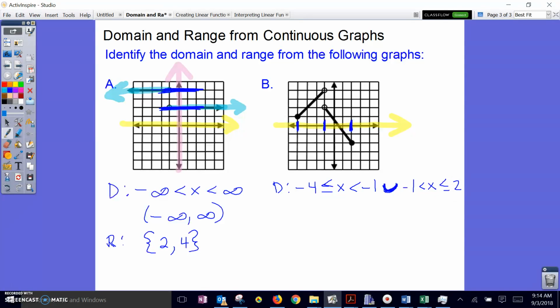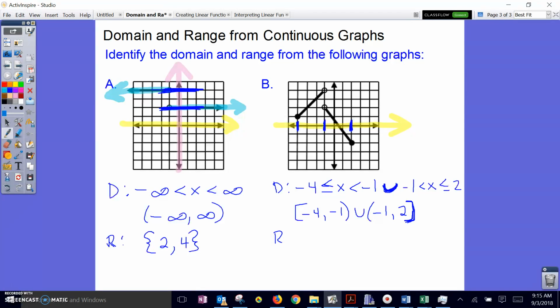If I wrote this as intervals, it would look like this: -4 to -1, union, -1 to 2. That's what that little U symbol is. It's a union symbol, which basically means or. And so the x values that are on this graph are from -4 to -1, or from -1 to 2.